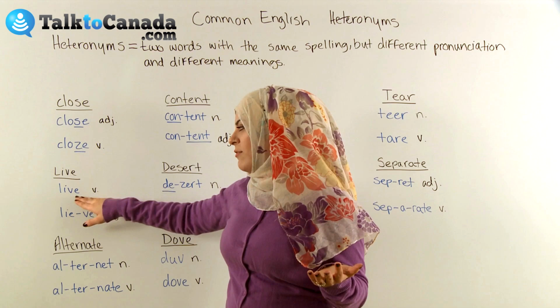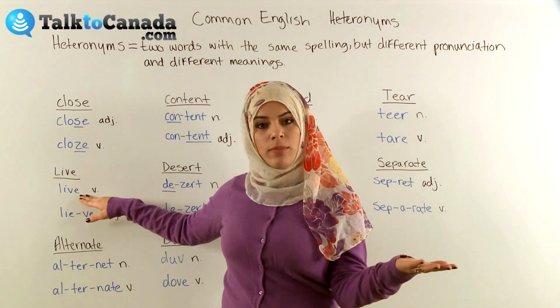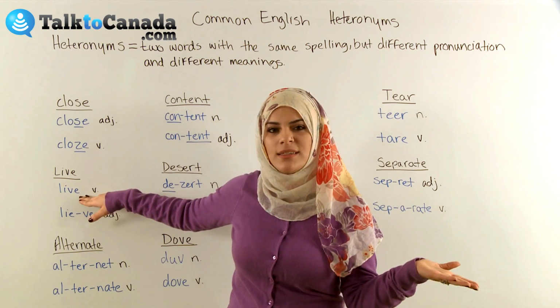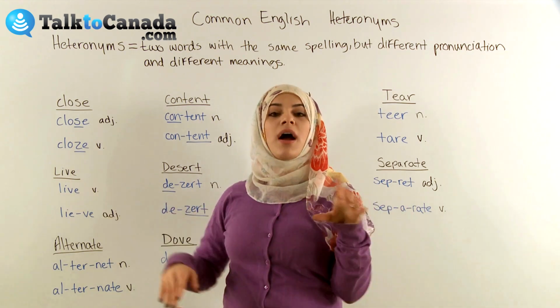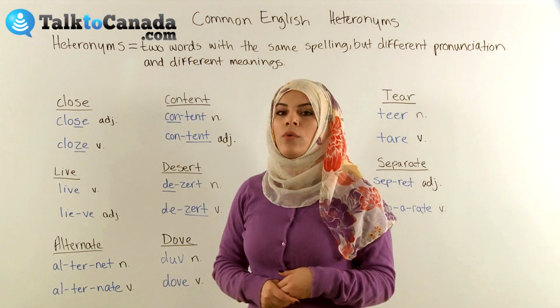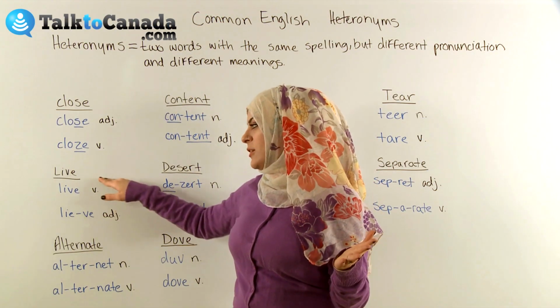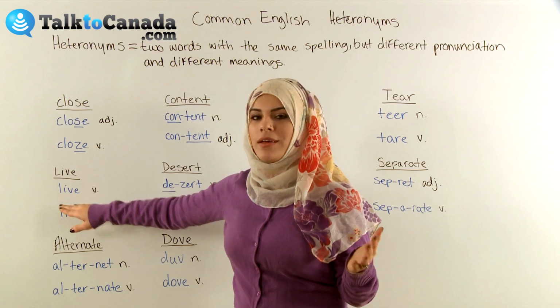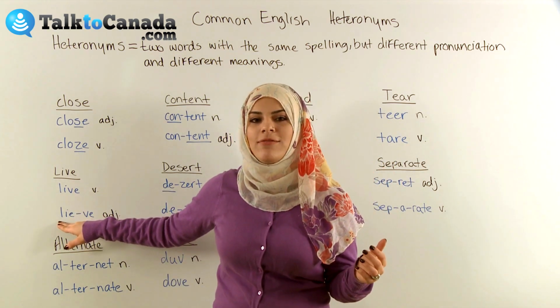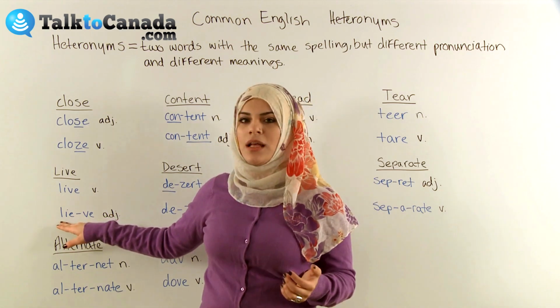So here we have live, which is a verb, and it's very much the same as reside, like the meaning. So for example, I live in the city, or I live in a rural area, or whatever. But it's a verb and it's live. Whereas this one is live. So you say it like you say live.